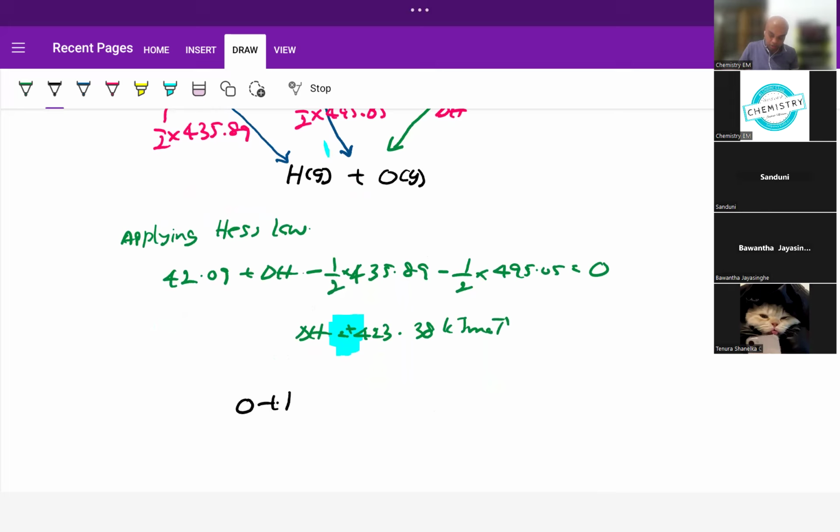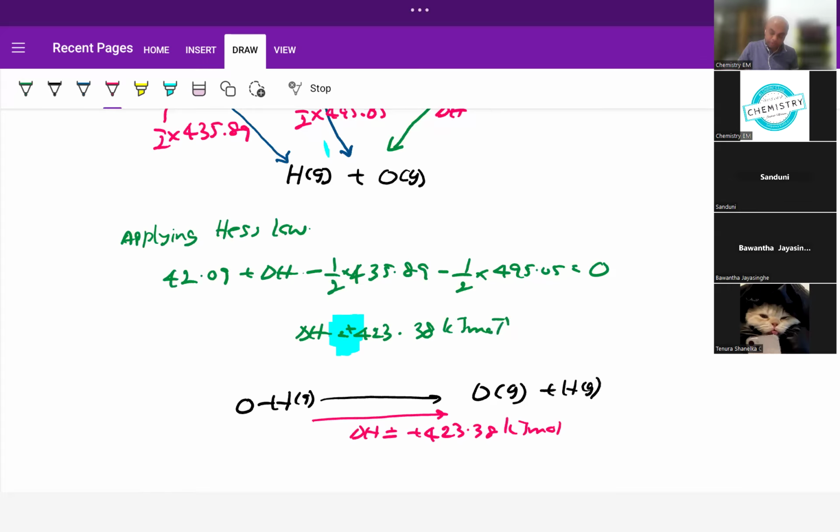OH dissociation creates O gas plus H gas, right? So in this direction, the bond dissociation enthalpy is plus 423.38 kilojoules per mole.